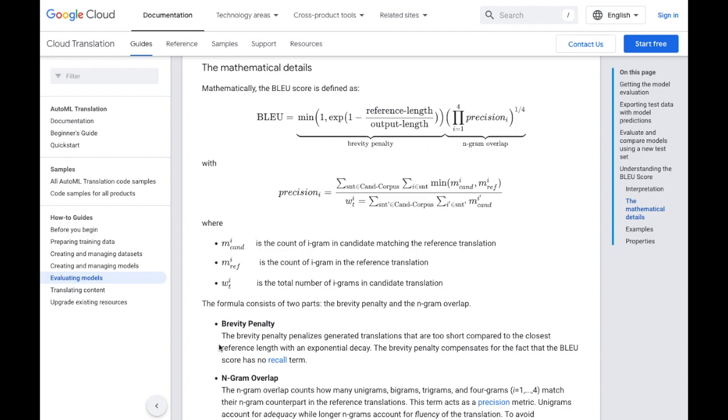So this penalty described here penalizes the generated translations that are too short compared to the closest reference length using an exponential decay. So the penalty compensates for the fact that the score has no recall term. And precision is defined here as well, and how the n-gram overlap is actually computed.